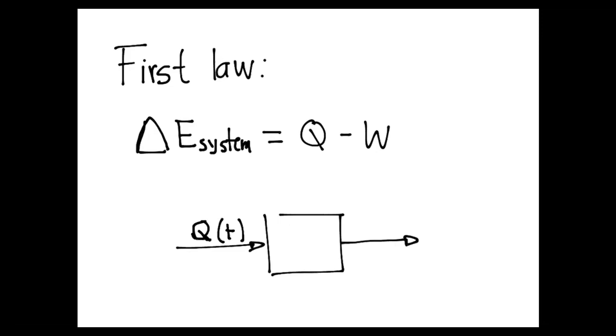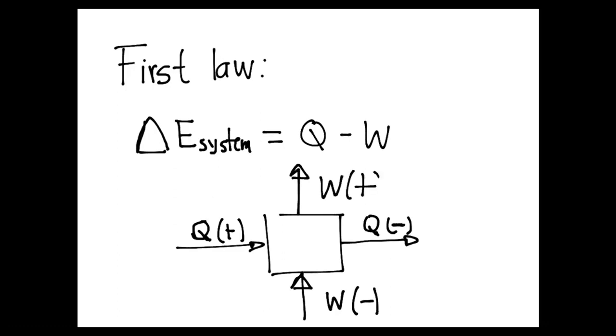The heat that is going out of the system is going to be negative. And the work that is done to the system is negative, while the work done by the system is positive.